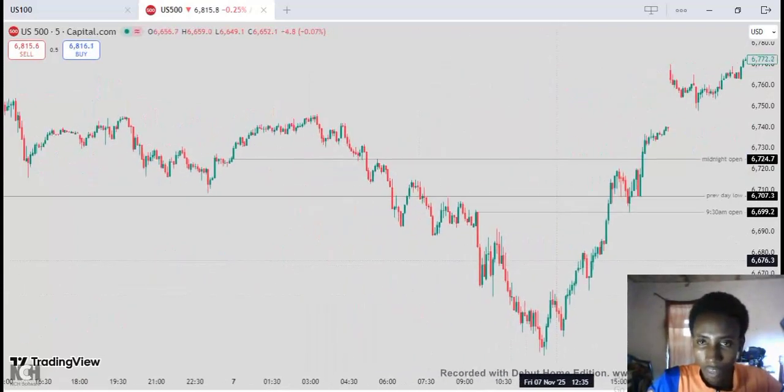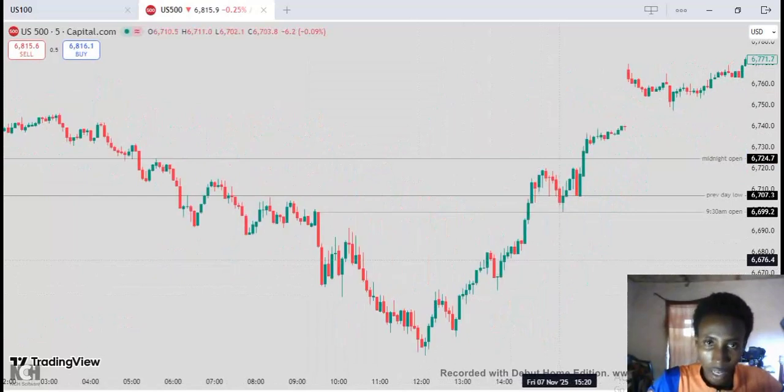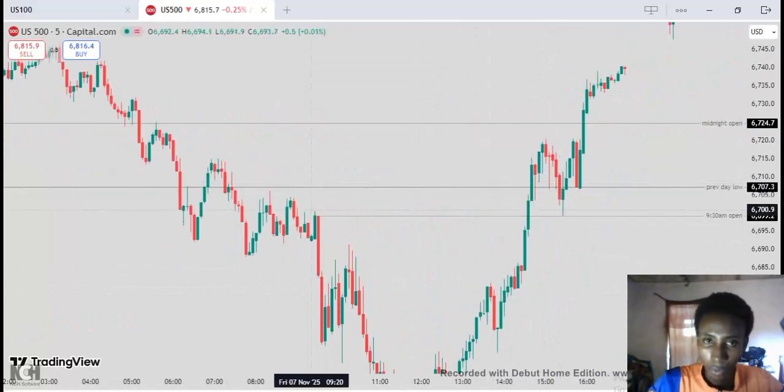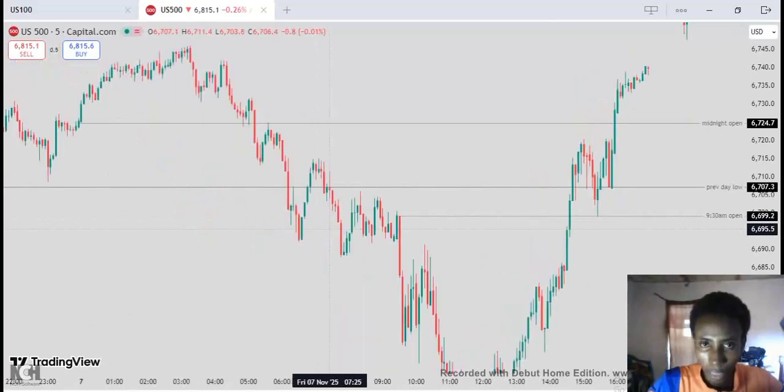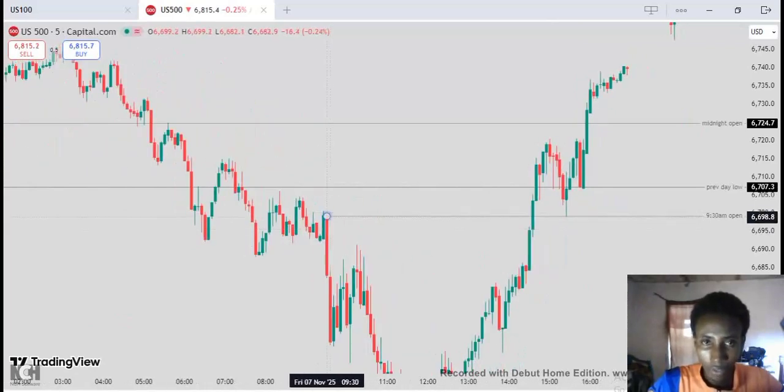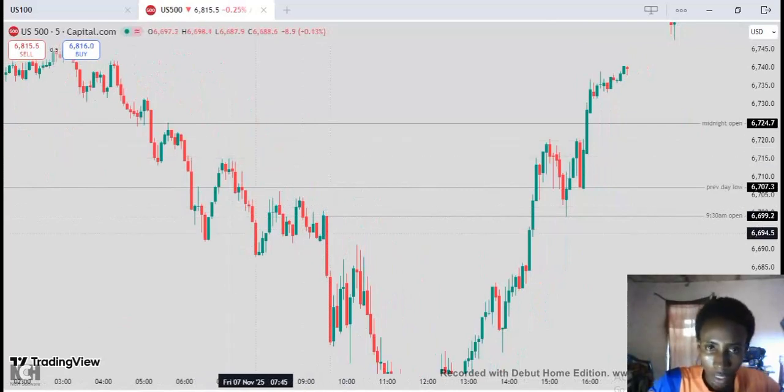So the 5 minutes time frame. At the time when the market opened, we were here. This is the point where the 9:30 market opened, where I will start looking for the liquidity the market wants to take. I'll be looking at this point and also this point.